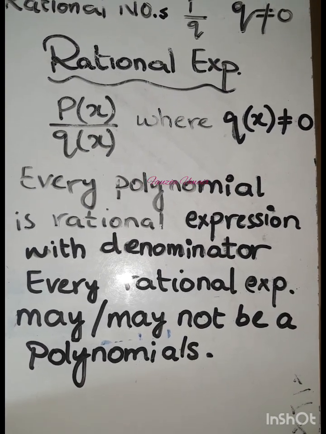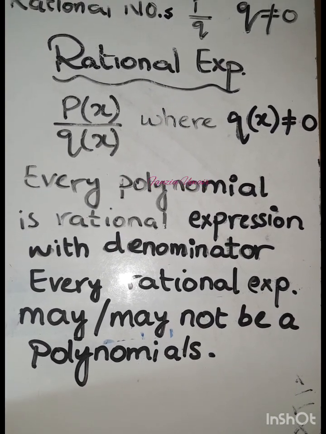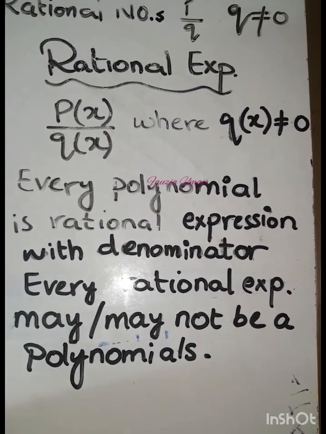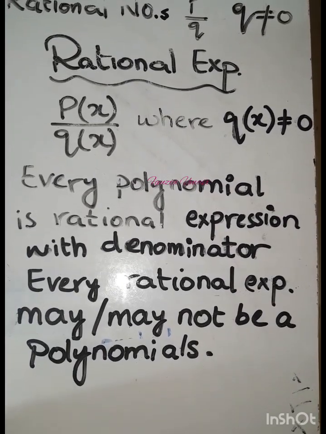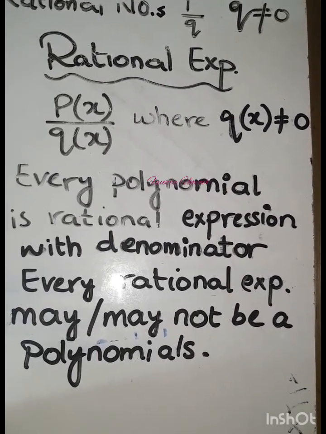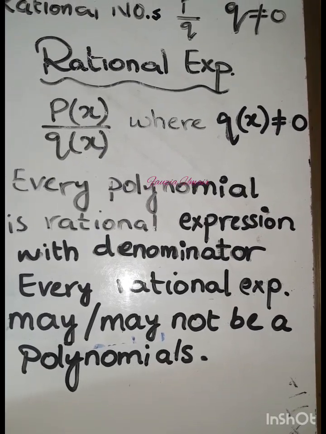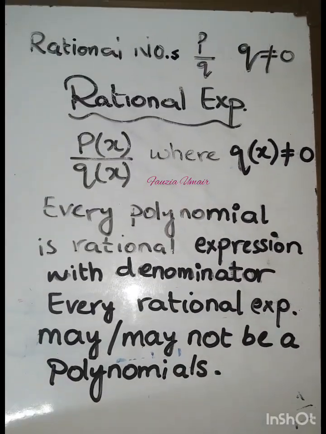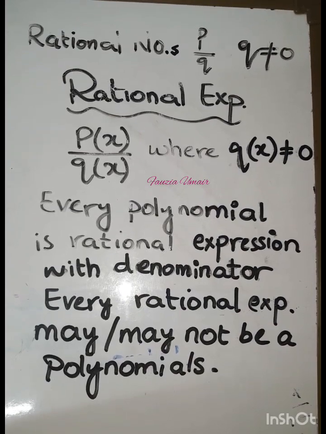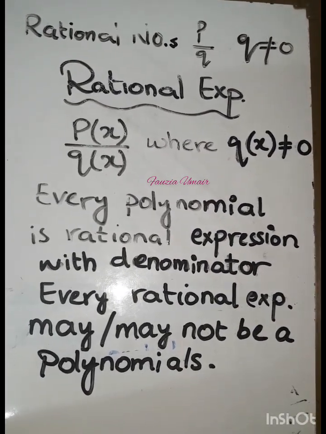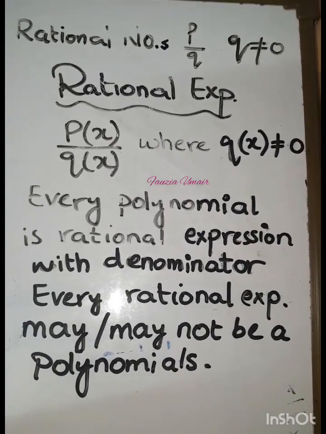The same is the case with rational expressions. Rational expressions are of the form p of x divided by q of x, where q of x is not equal to 0. Same definition, the only difference is that in rational numbers we talk about numbers, but in rational expressions we talk about polynomials. So p of x and q of x both are polynomials.